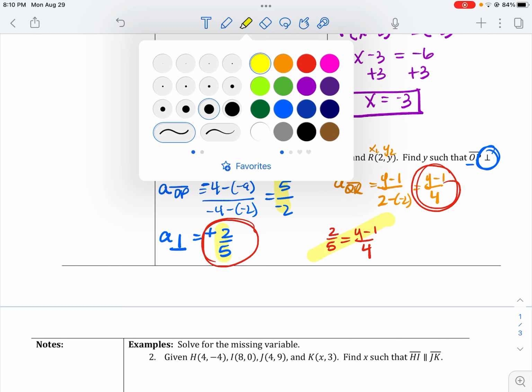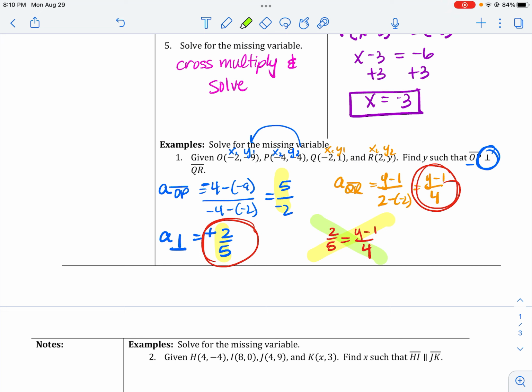Multiply those and multiply those. So I get 2 times 4 equals 5 times y minus 1. 8 equals 5y minus 1. Oh, minus 5. So we add 5 to both sides. 13 is 5y, and then we divide so that 13 over 5 is y.